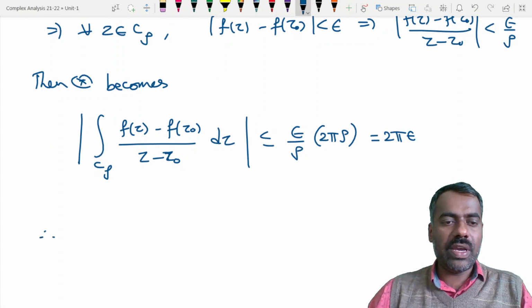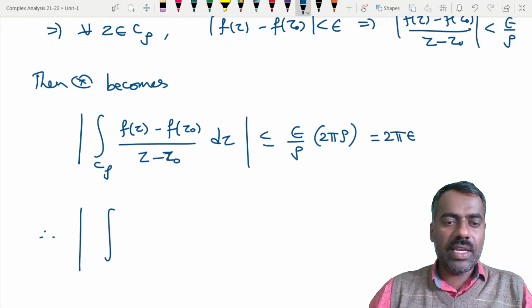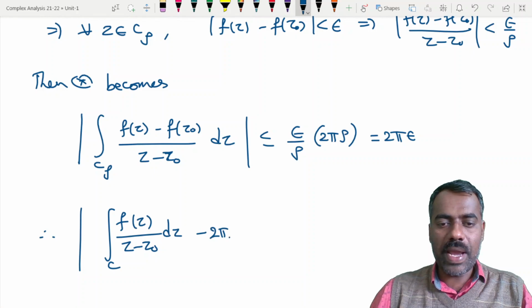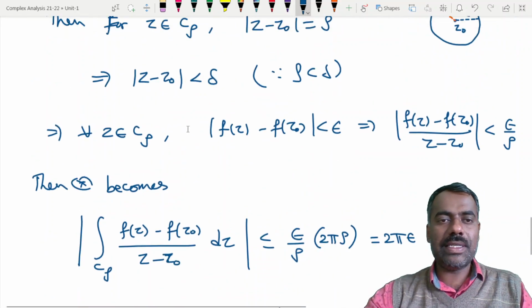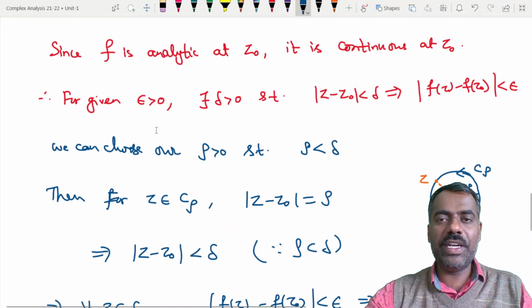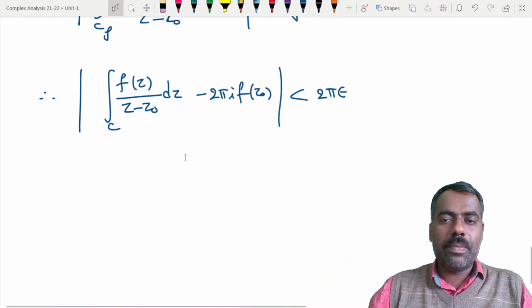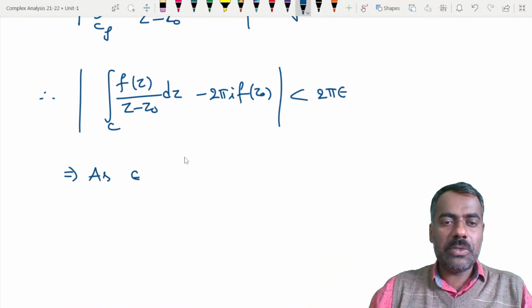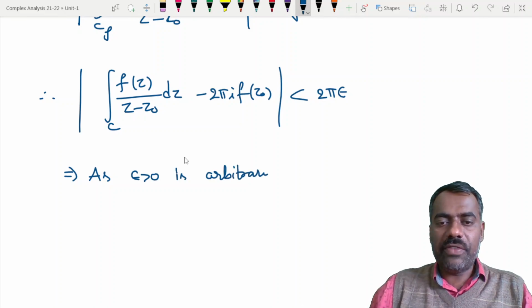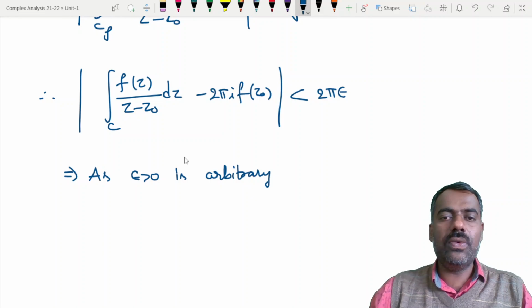So therefore what we have observed is modulus of integration of f of z upon z minus z naught dz over C minus 2 pi I times f of z naught, this value we have proved that it is less than 2 pi epsilon. Now where epsilon is given any arbitrary small number, therefore by taking epsilon sufficiently small, as epsilon greater than 0 is arbitrary, the left hand side of the above inequality should be equal to 0.